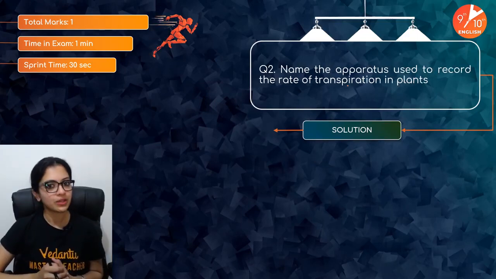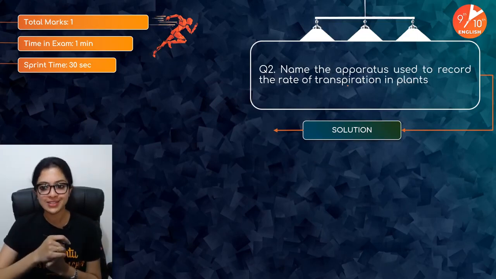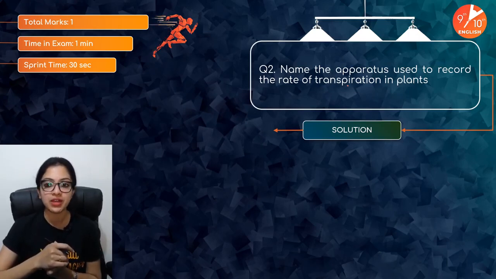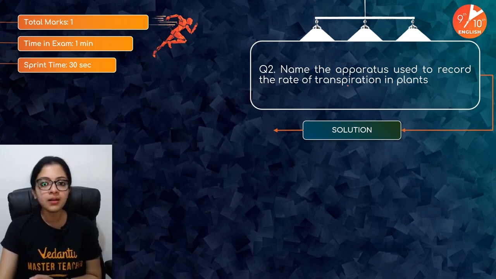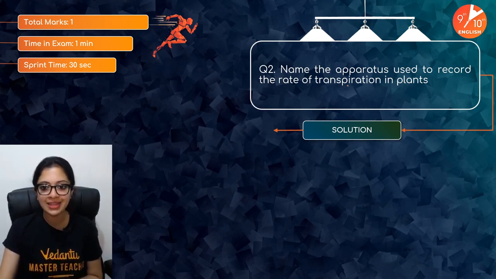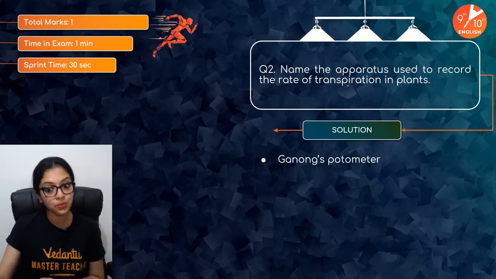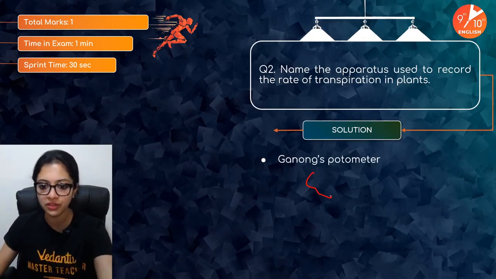All right, next question. Name the apparatus used to record the rate of transpiration in plants. What do you think it is? Of course, the much loved and exam favorite, the Ganong potometer. Children, I will just make a note of it here.